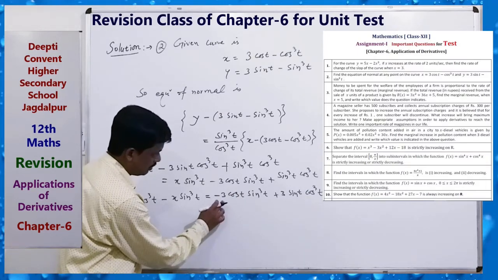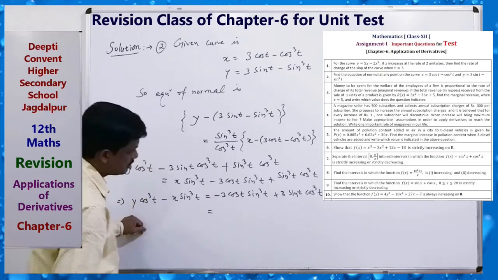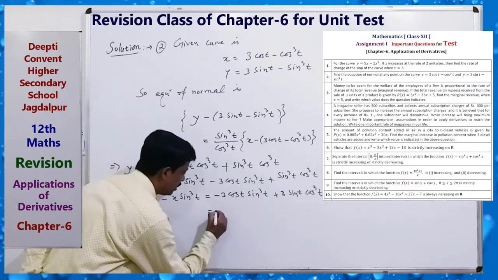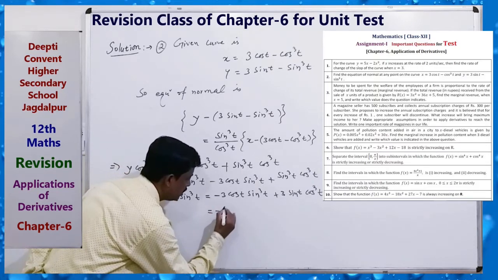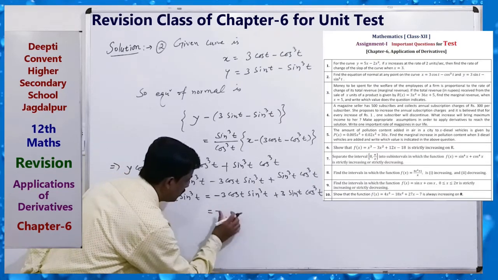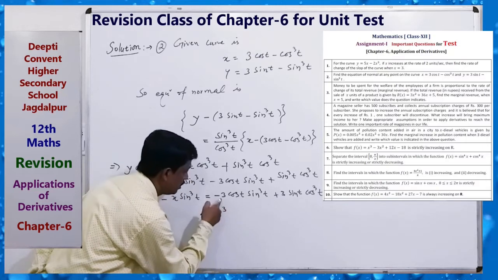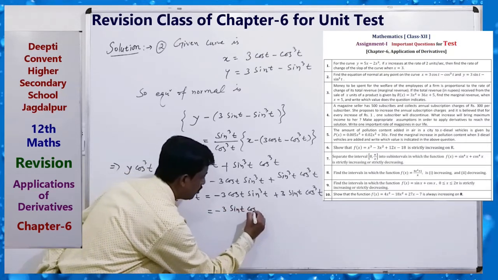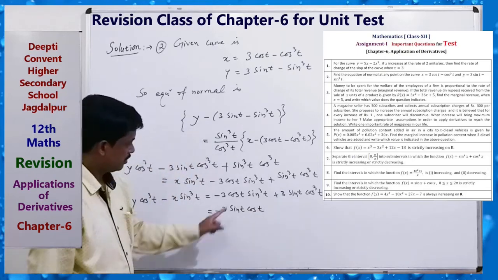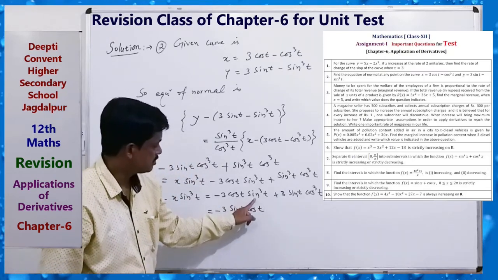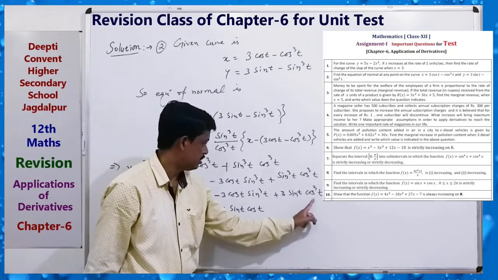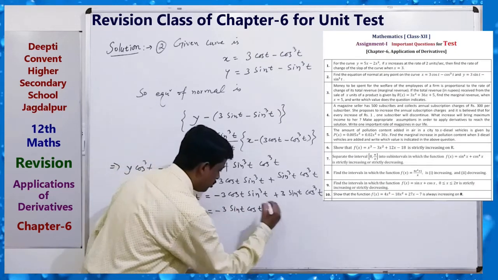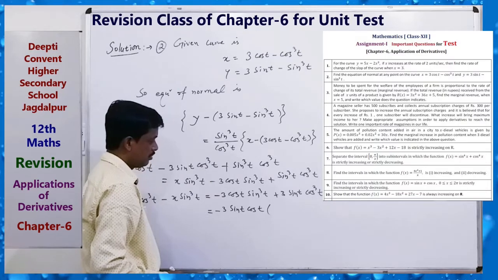Now you can try to reduce this. 3 sin t cos t can be taken outside. Minus 3 sin t cos t is taken common.